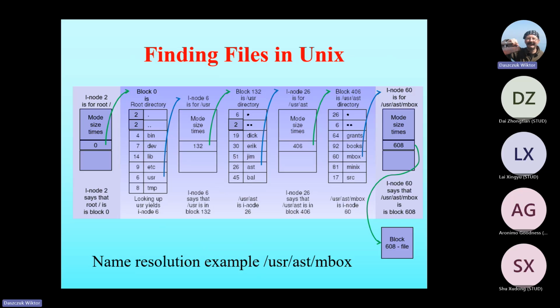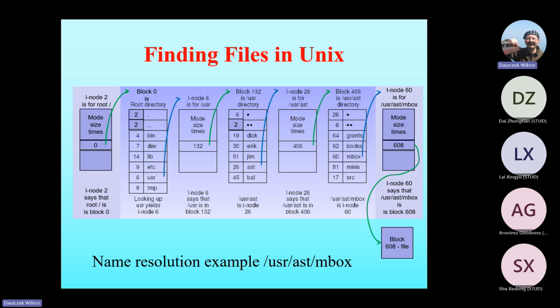But it's natural that we always start with inode 2 when we make the resolution. We start from inode 2, we learn where the root directory is on the disk, typically in block 0, because the root directory is created when a new disk is created and it is empty. So it is typically 0.